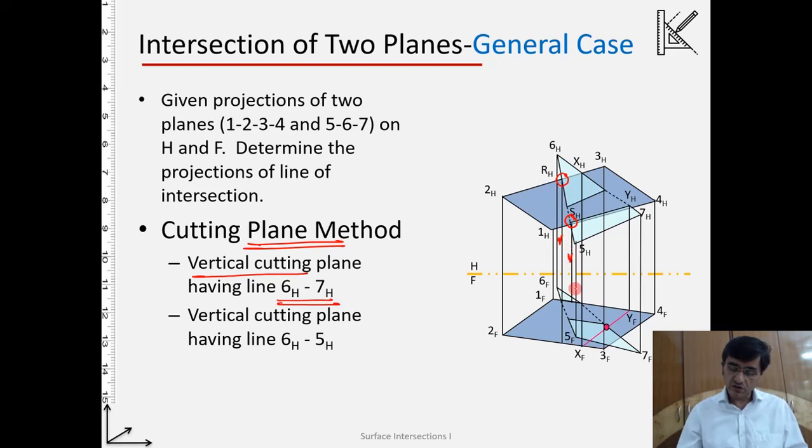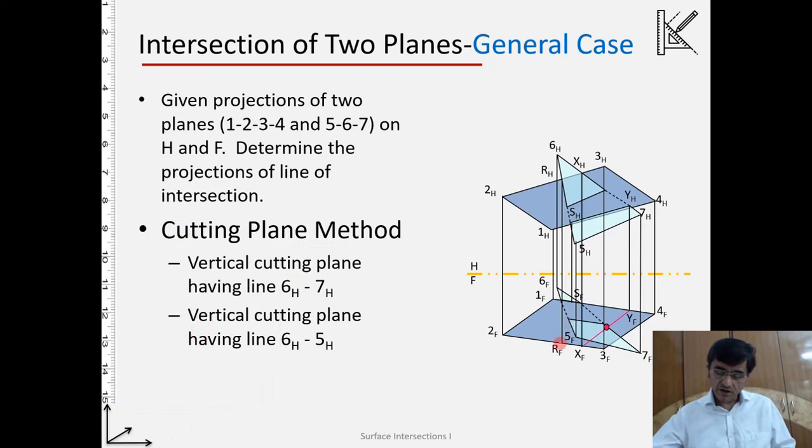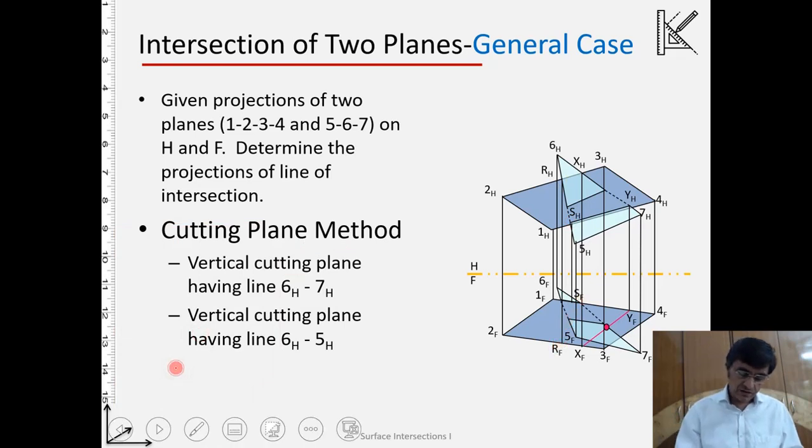And this RH and SH I am taking to the frontal, and from here I will be locating the SF, and corresponding to RH I will be locating the RF. Once you join these two, you can see this RF and SF. Let me join these.